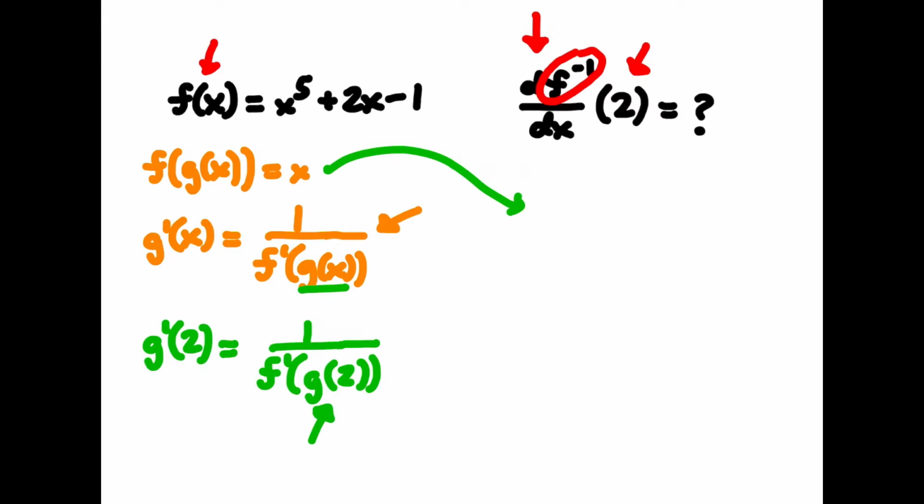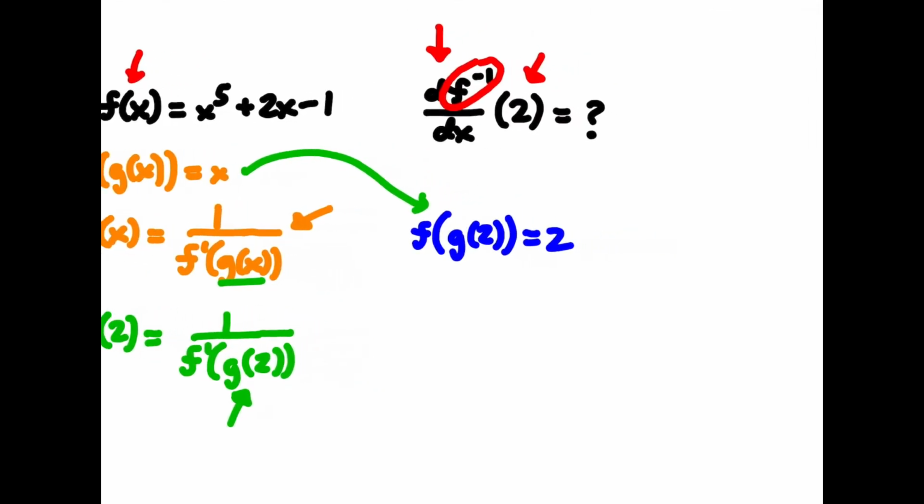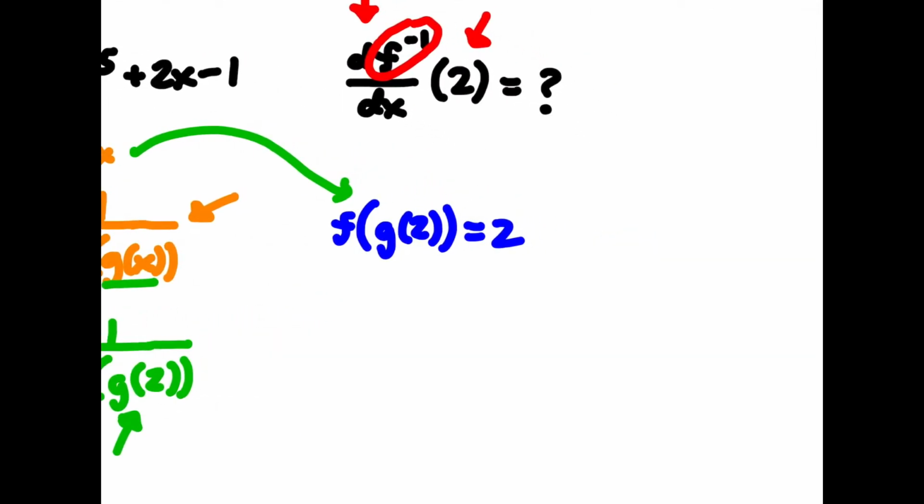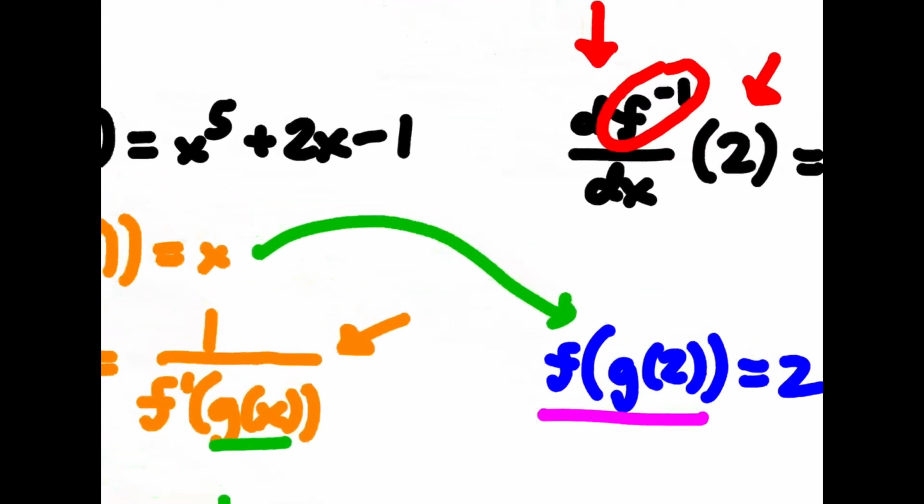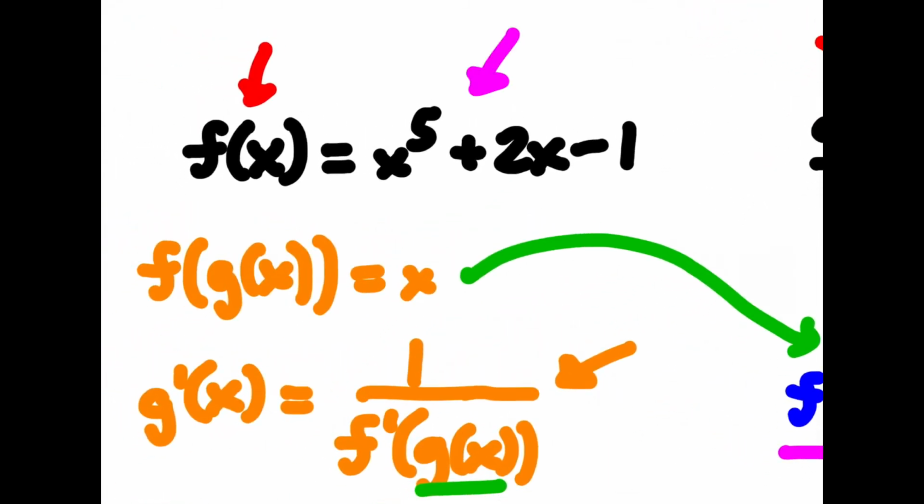First thing I'm going to do is fill in this inverse definition really quick. So it's going to be f of g of 2 is equal to 2. And then from here, I'm going to fill in this f of g of 2 with whatever our f of x is, which is right here. So I'm using this equation in black right here, but I'm filling in the x with g of 2.